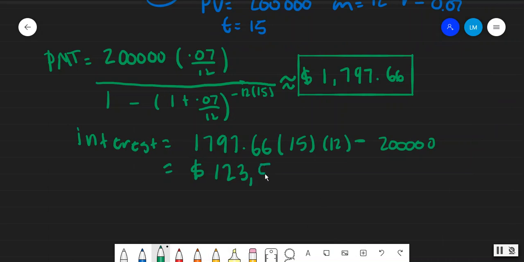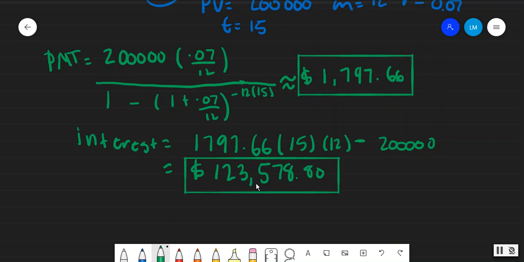578 and 80 cents. Of course, if you consider that this amount right here, 323,578 and 80 cents, then that tells you they paid almost 400,000.